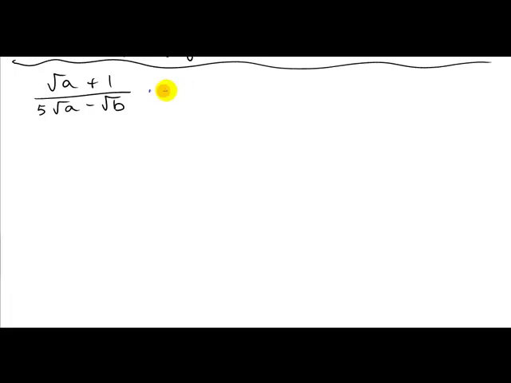So here's our problem, our conjugate, 5 times the square root of a plus the square root of b in both locations. Then we want to multiply. Again, we're foiling. So the square root of a times 5 times the square root of a.